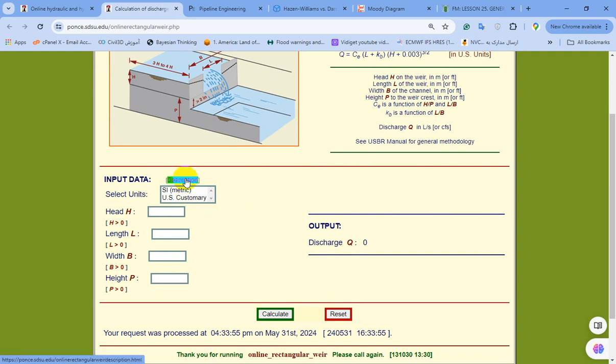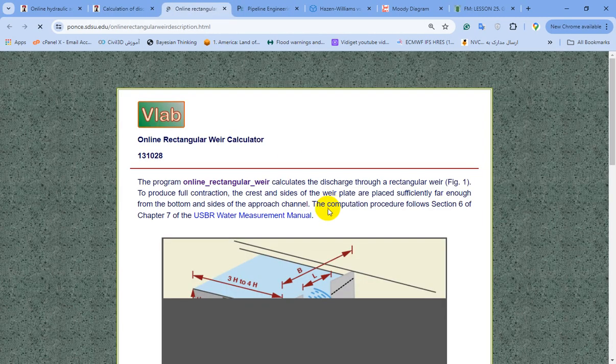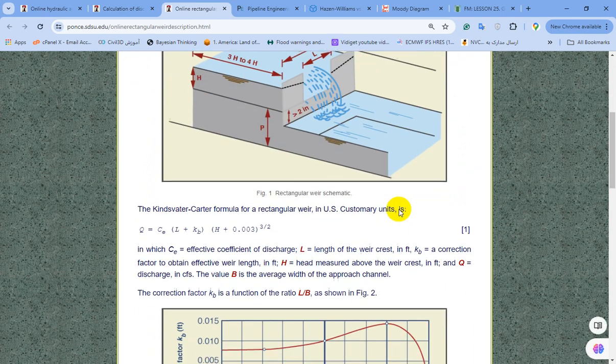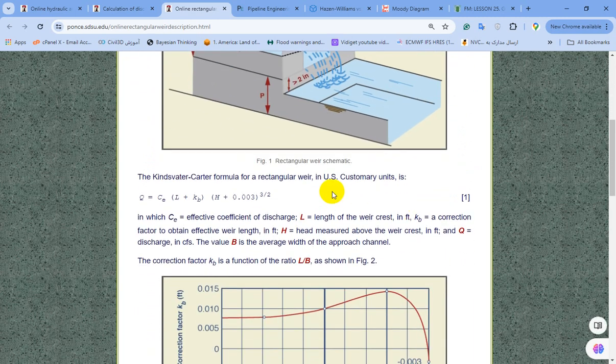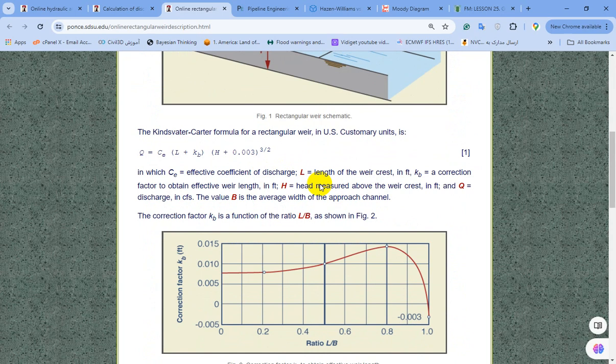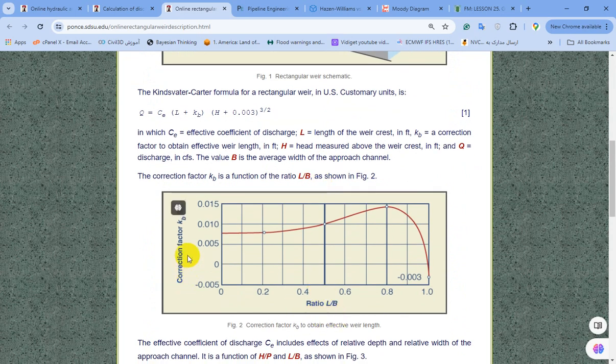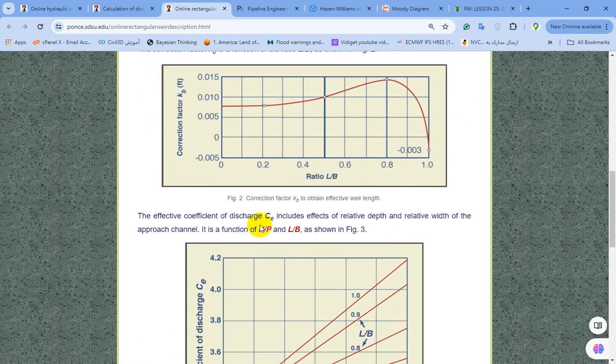Let's click on description, and you can find more information about this practical weir, and you can see that the correction factor, I mean KB, depends on the ratio of L per B. In other words, you should divide L by B, and based on this curve, you can go to the left side and find the appropriate KB parameter.